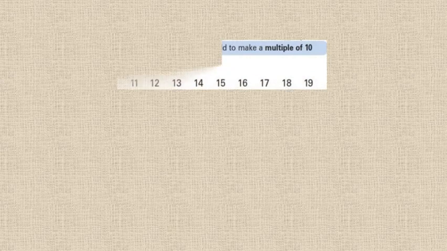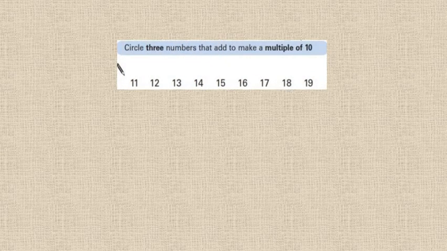Question number three: circle three numbers that add up to make a multiple of 10. I just need to remember what a multiple of 10 means. A multiple of 10 means any number that ends in 0. For example, 100 ends with 0, so it's a multiple of 10. 200, 20, 30, 40 are all multiples of 10.